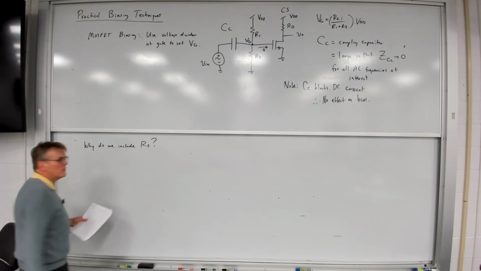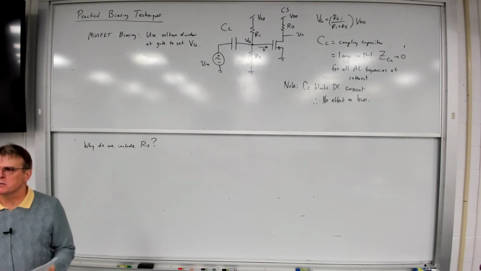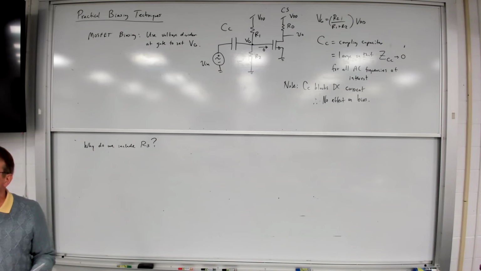So why do we include R sub S, the source degeneration resistor? Let's analyze the circuit without R sub S.